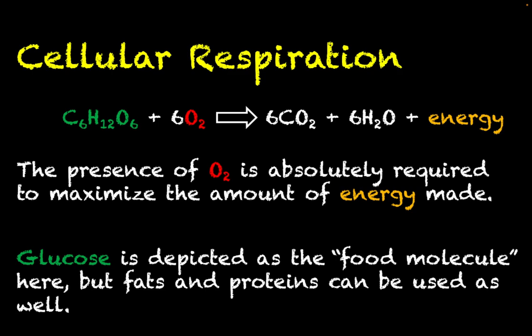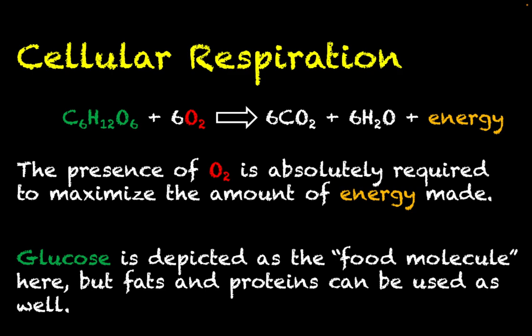So in this example, if the cells in your body are using the glucose from that donut, the idea is that in order to harness as much energy as possible out of that glucose, we need to have oxygen present. And if we don't have oxygen present, we are not going to do a good job of extracting the energy out of the food that we eat.